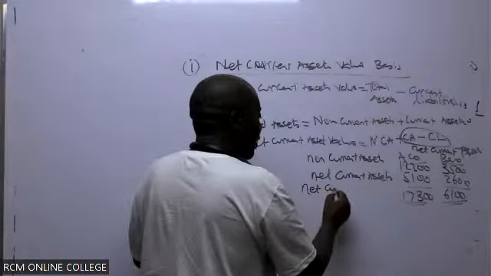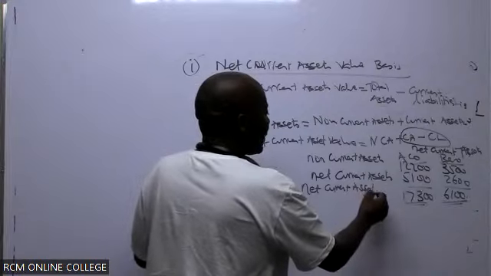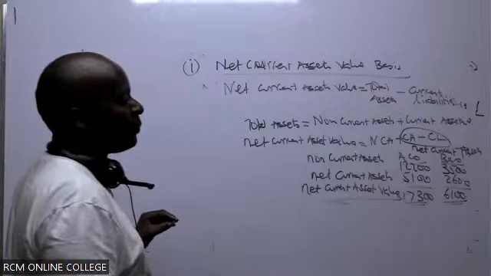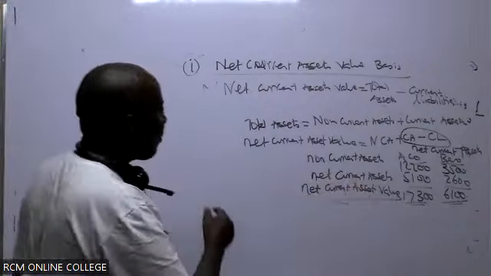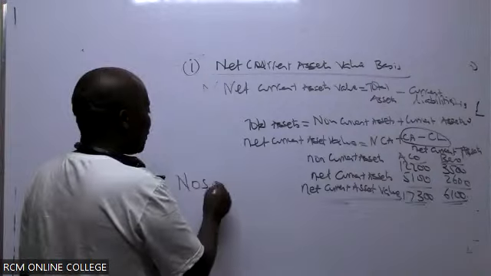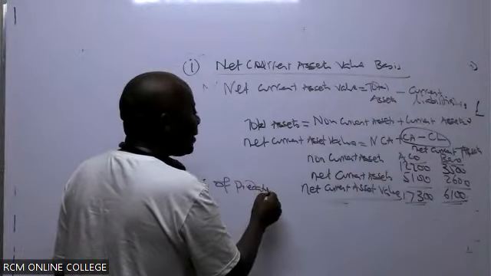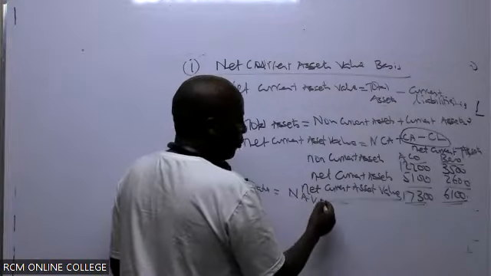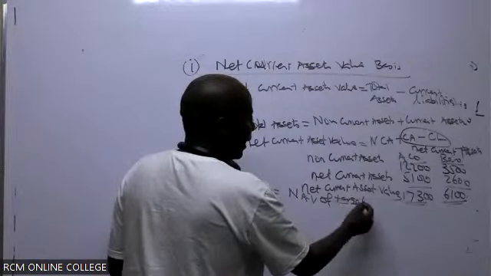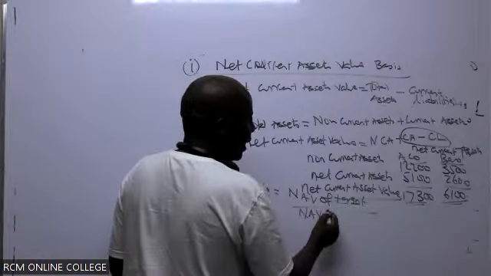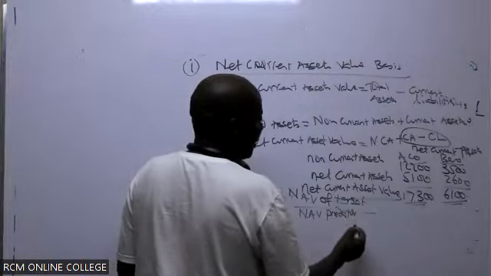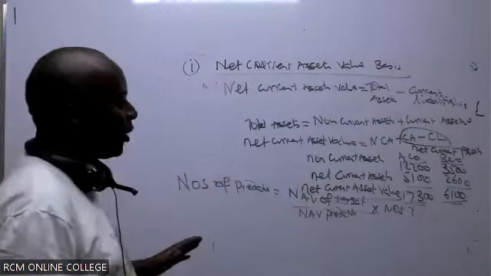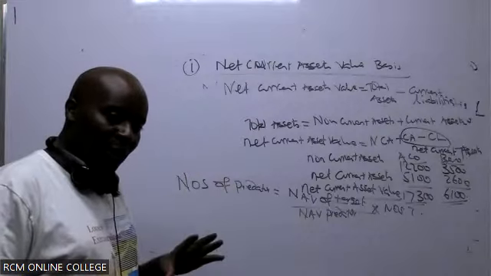Net current asset value. If you're using this to get the number of shares of the predator, you will take the NAV of the target over the NAV of the predator, times NOS T. So I want you to go and watch this video again.